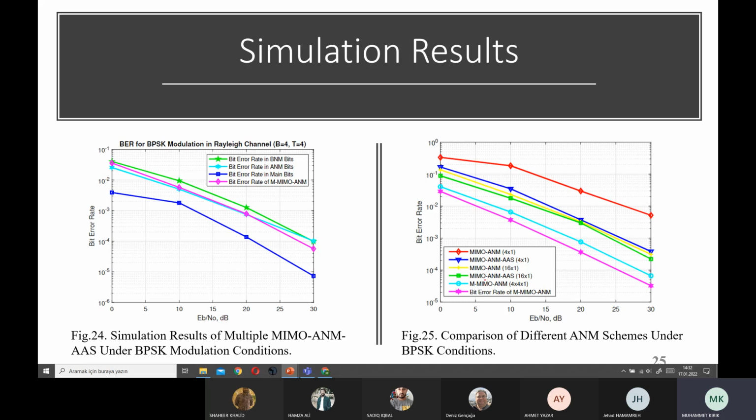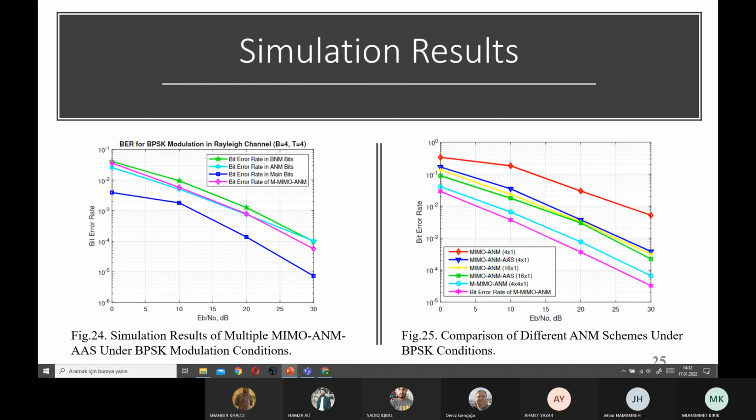And it even outperforms the antenna number modulation with the adaptive antenna selection when we use 16 antennas in it. So we can prove by that the block number modulation is working well as a fourth dimension to transmit more data bits.